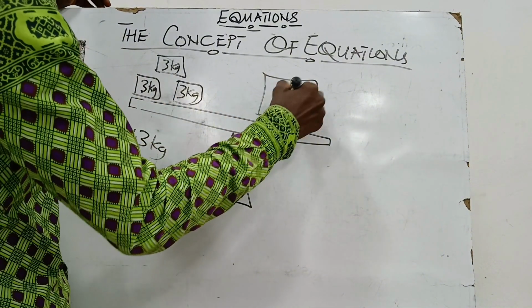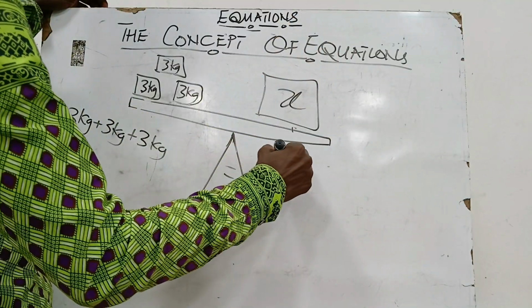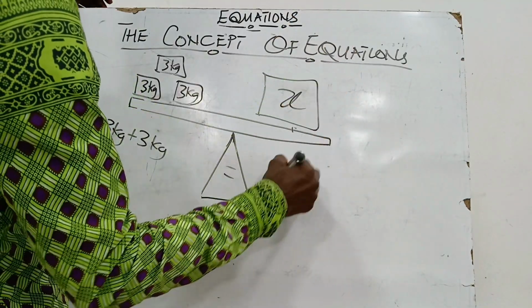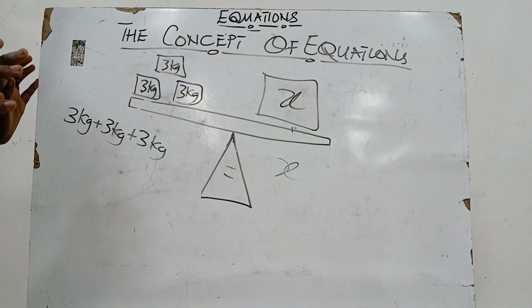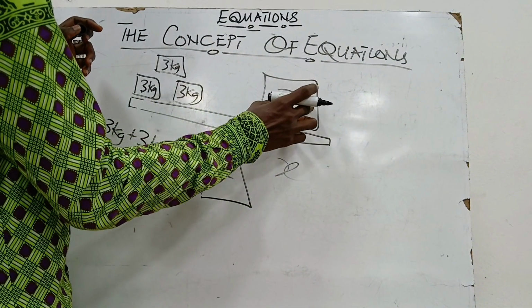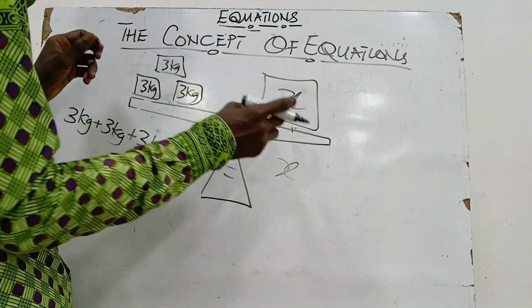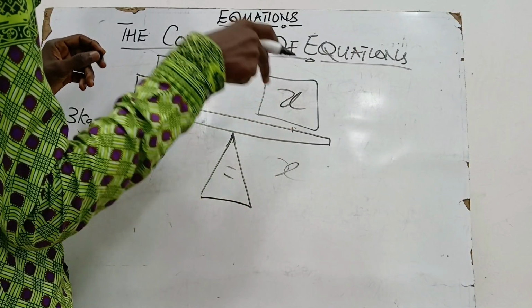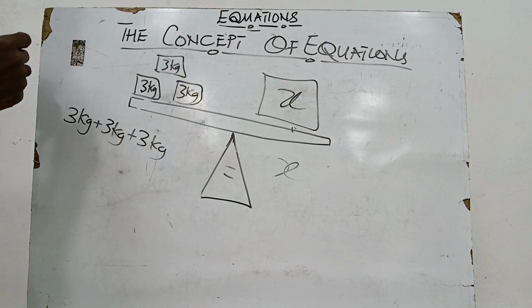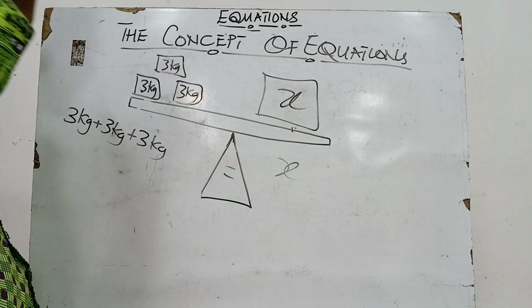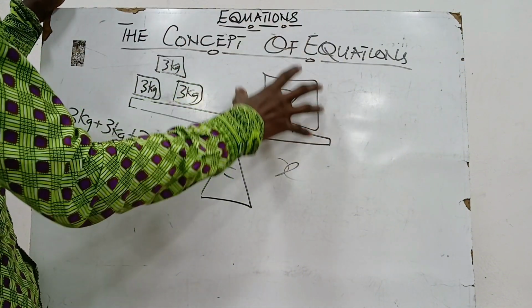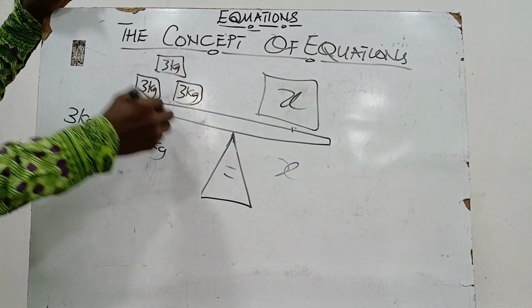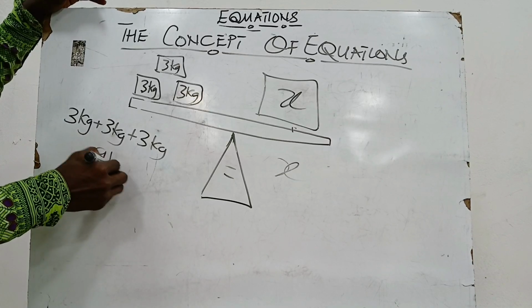So let's say we don't know the weight of this. Let us represent this big box here with X. The idea is that whenever we have something and we don't know its value, we will let a letter represent it. And mind you, our concept is that the value of everything here should be the same here. So 3 plus 3 plus 3 is what? 9 kilogram.